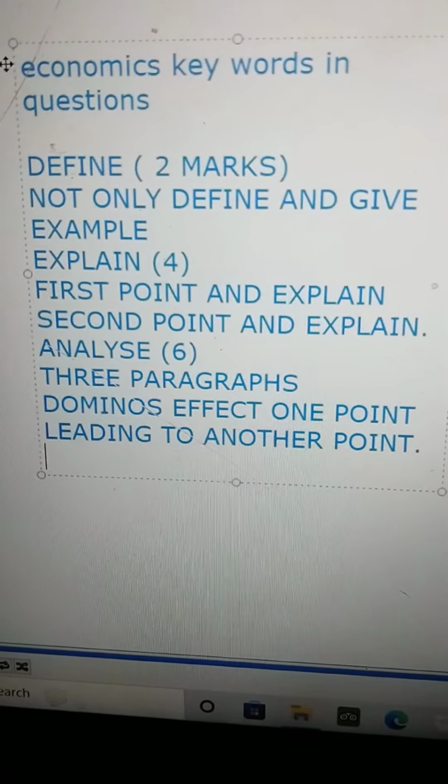The fourth command word for questions is discuss. And of course, you know that this has the highest marks allocated. For discuss, follow this format I am telling you, and don't forget this in any answer.